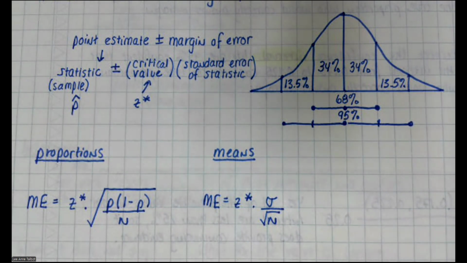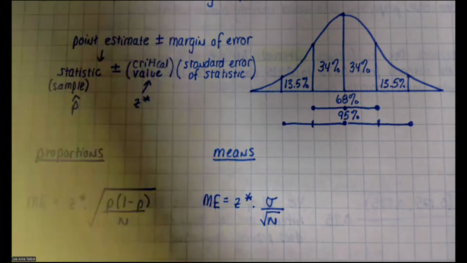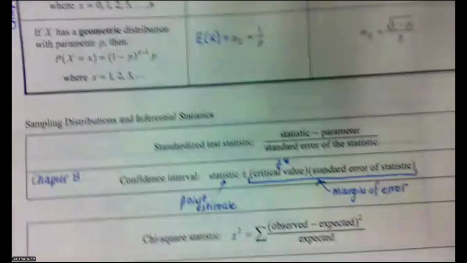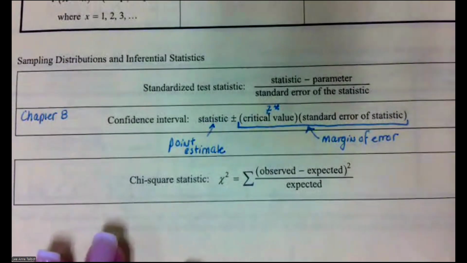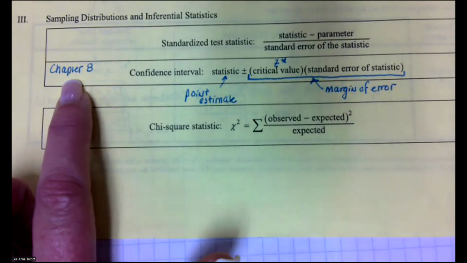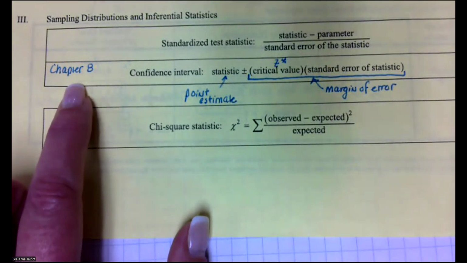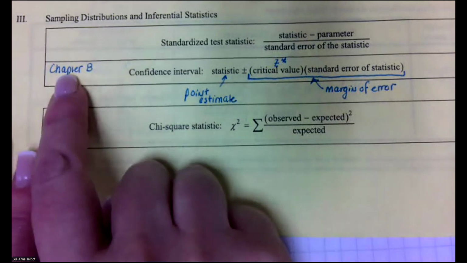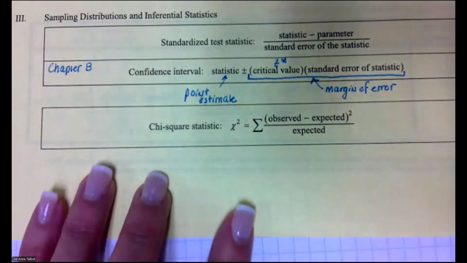Okay, now can you guys find your yellow sheet? We're going to write some things on there, so this is very important. As soon as you get your formulas. The first thing I want you to write is a little bit of vocab and sort of a note for where to draw your eyes when you're taking the test. So during chapter 8, I want you to focus on this line here.